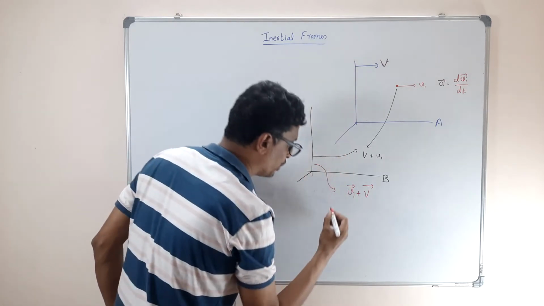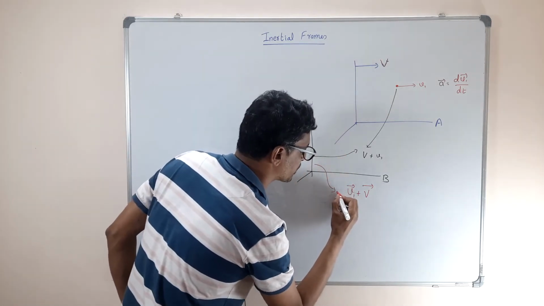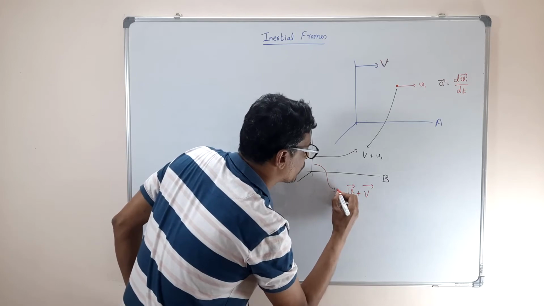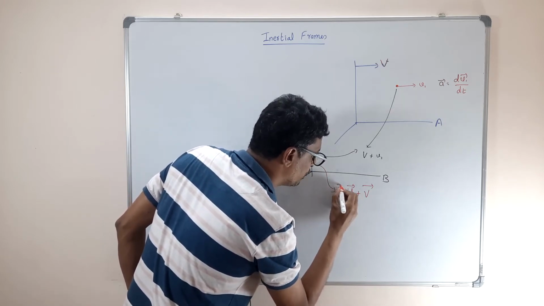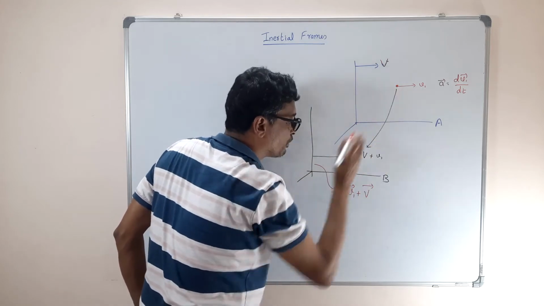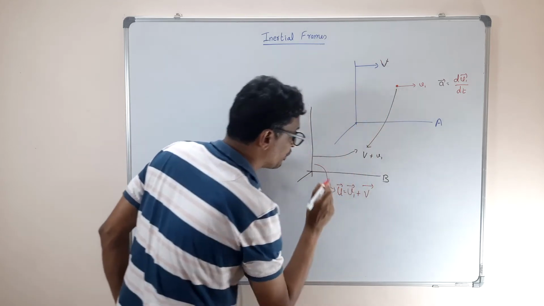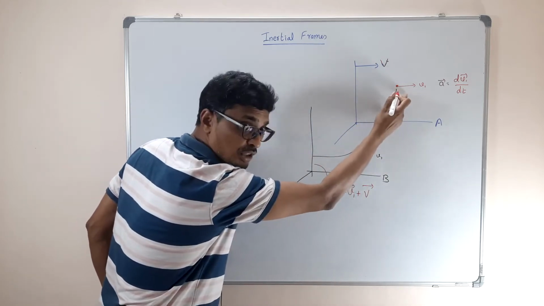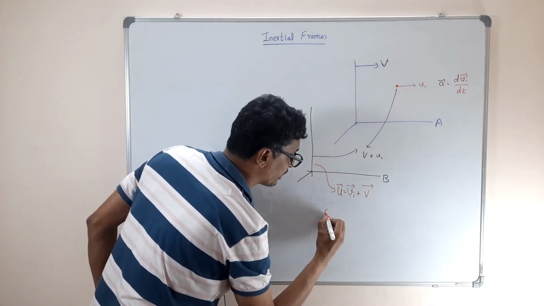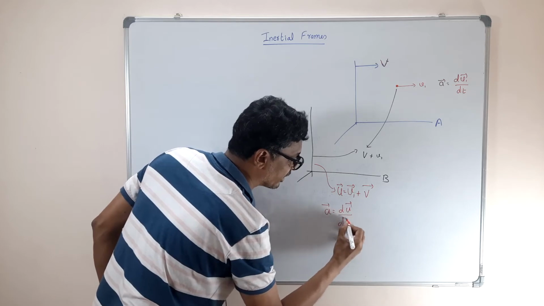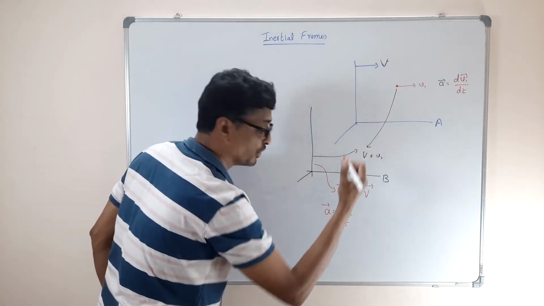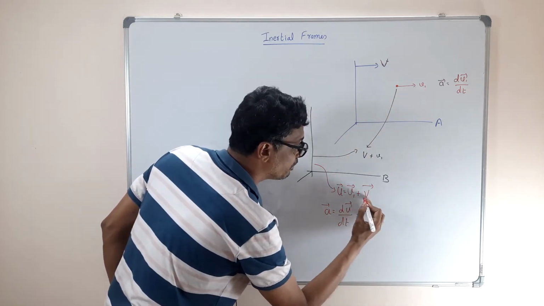He'll take a derivative. This is the total velocity he measures, so let me call it u. u is the velocity of the object measured by this frame. Now to find the acceleration of this object, the acceleration will be du by dt. That's the acceleration we're going to measure. So what is u? v1 plus v.